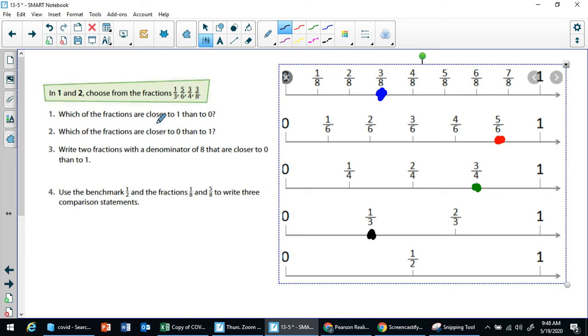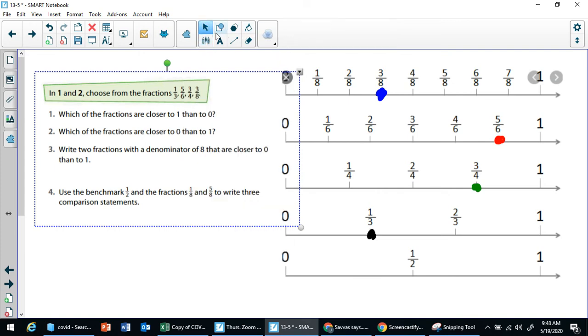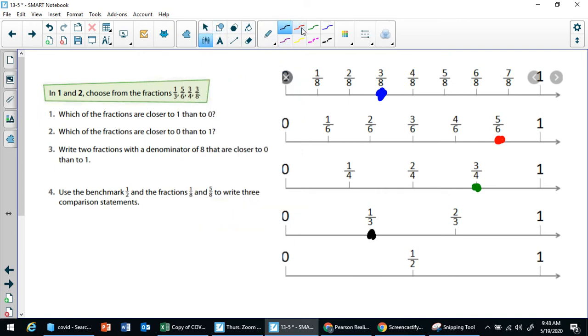Which of the fractions are closer to 1 than to 0? So if this was not here, you would be looking at these. These are the fractions it said to focus on.